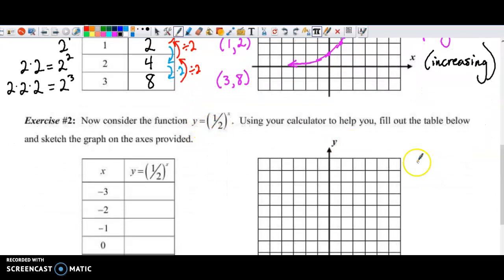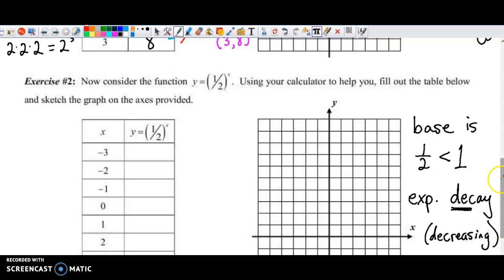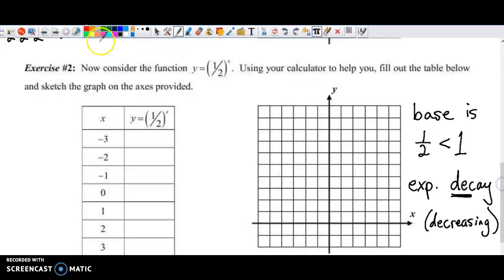Notice on the next exercise, the base is 1/2, which is a number that is smaller than 1, and I'm going to call this exponential decay. And the reason why we call it decay is it's decreasing. Maybe you have some familiarity with what it means to decay, like tooth decay, it's getting smaller over time.